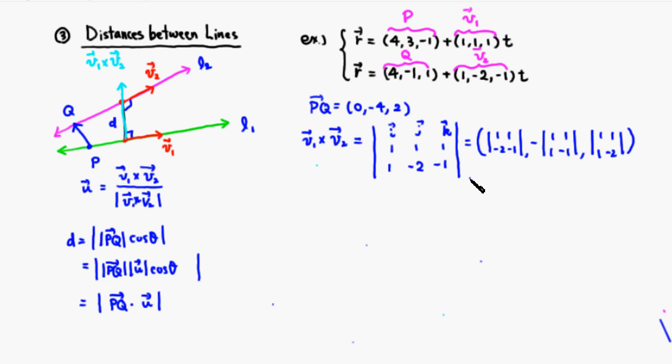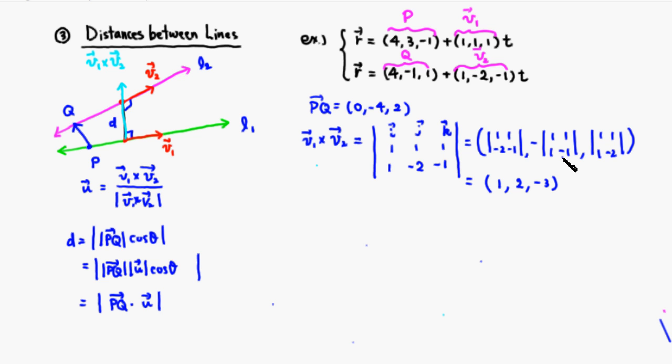So the first is negative 1 plus 2, which is 1. Then negative 1 minus 1 is negative 2, so it's positive 2. And negative 2 minus 1 is negative 3.